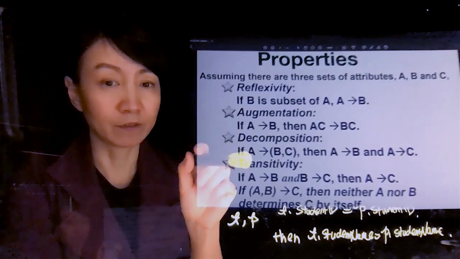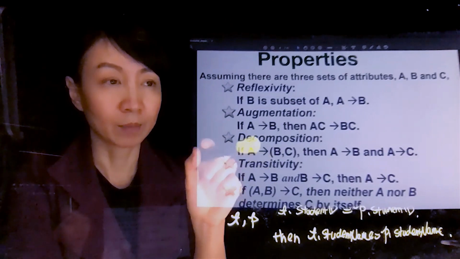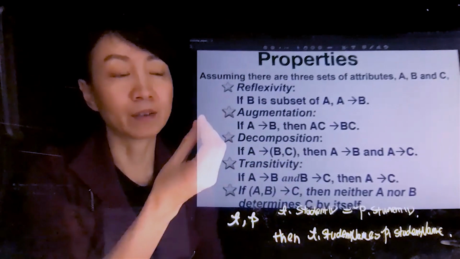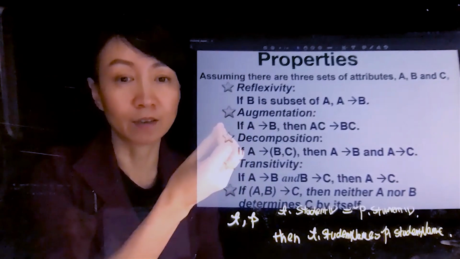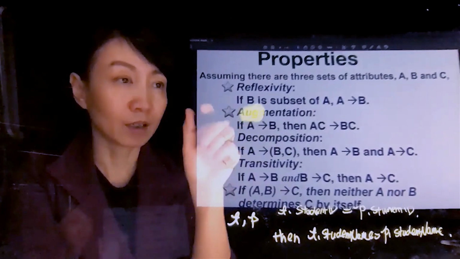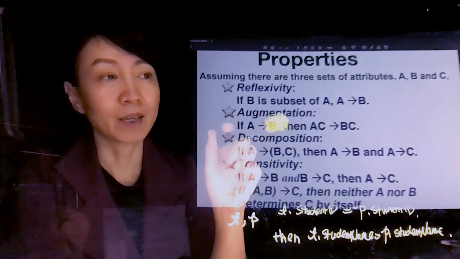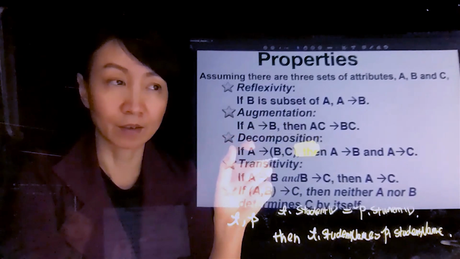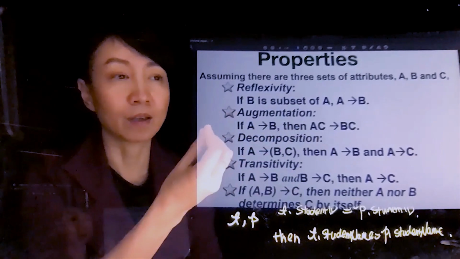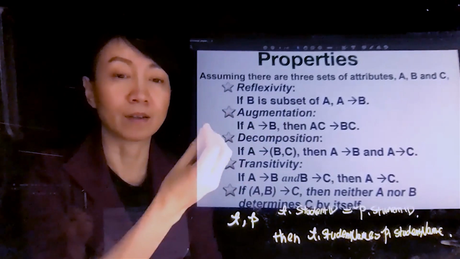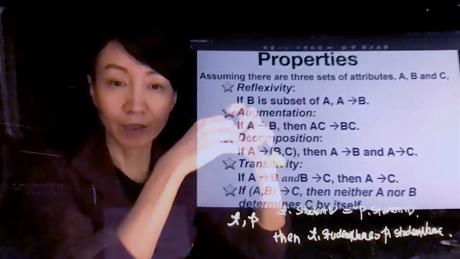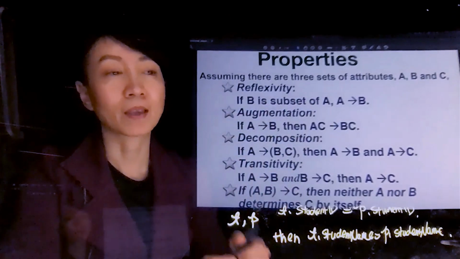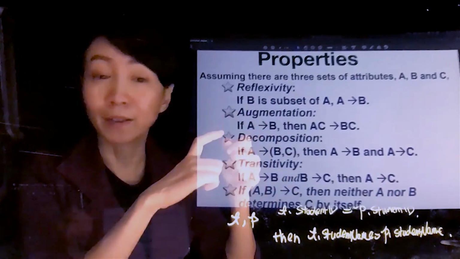And the next one is decomposition. It says if A can determine B and C, where B and C make a new set, then we can say A can determine a subset of B and C. B and C, both of them are a subset of the union of B and C, right?